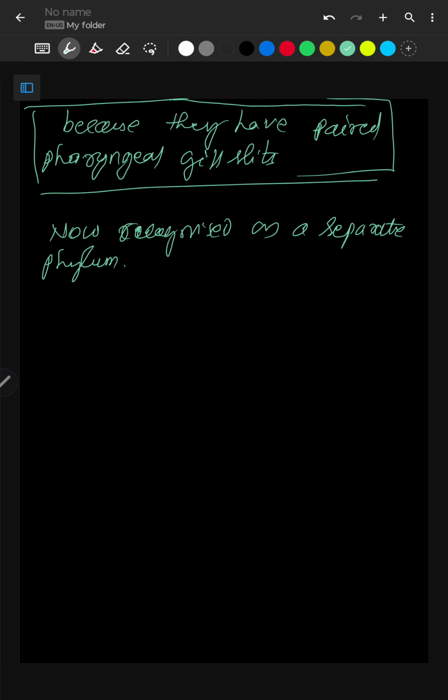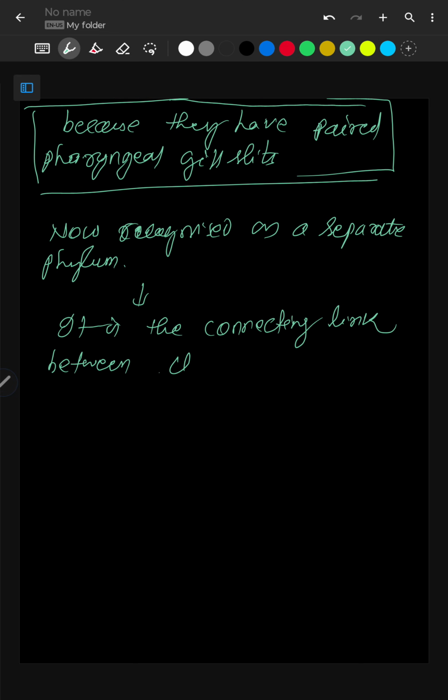Hemi means half chordata. Remember, it is the connecting link between chordata and non-chordata. Very important.